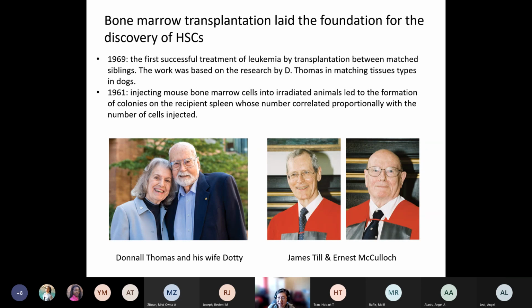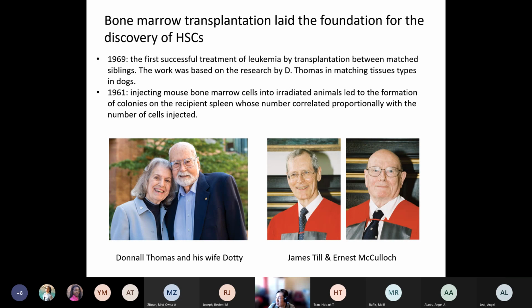He did human work, but he wasn't very successful, so he moved to dogs and studied compatibility. The two individuals have to match, so the recipient can take the donor transplant without generating an immune response.